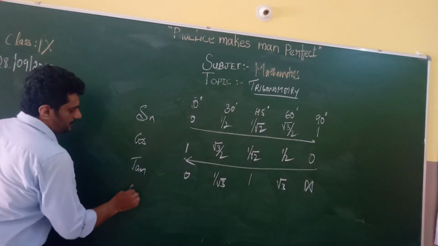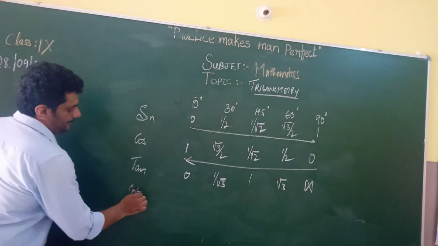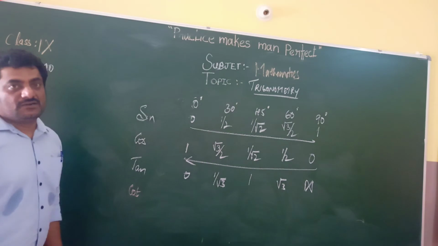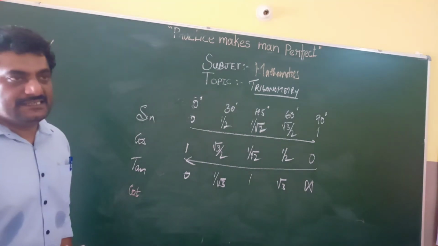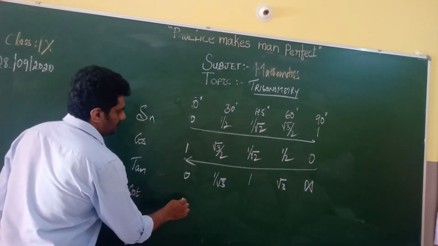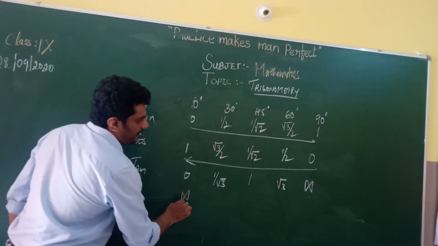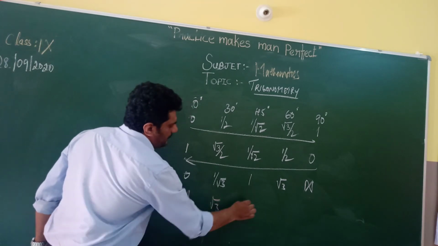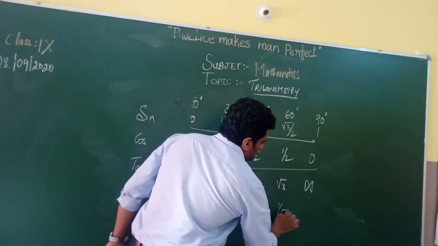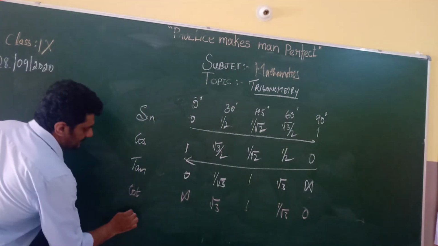Similarly, cot. Cot is, again, the reverse order of this one: undefined, root 3, 1, 1 by root 3 and 0. Next comes secant.